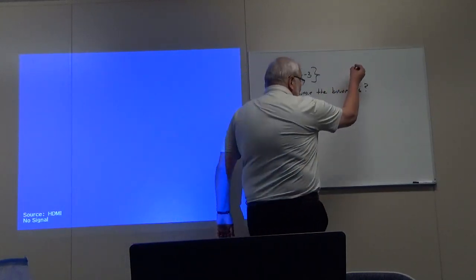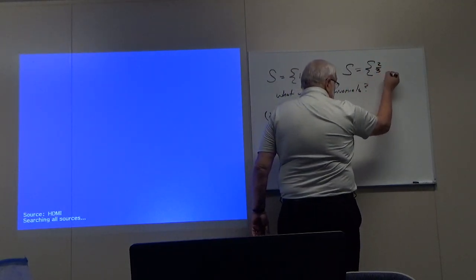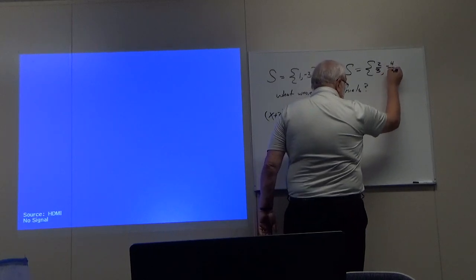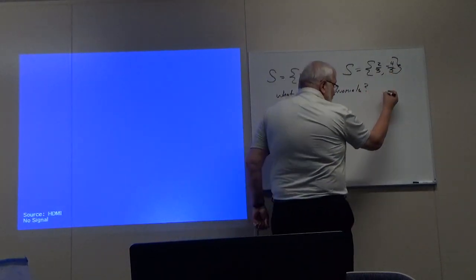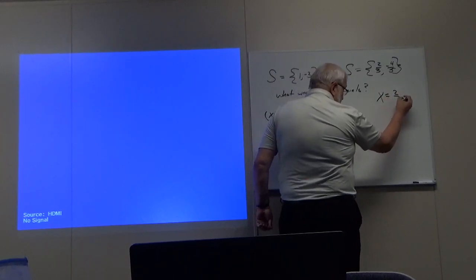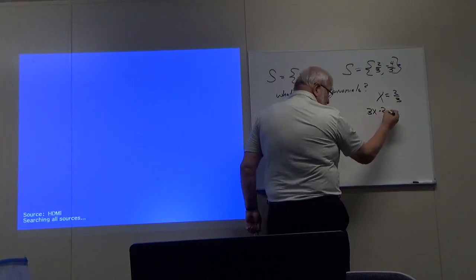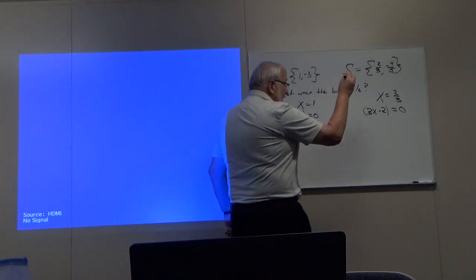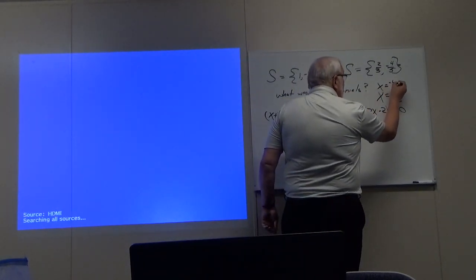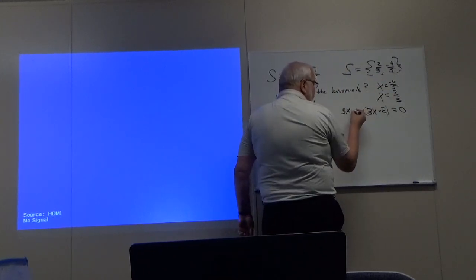Okay, so what happens if the solution set is 2/3 or -4/5? Now this one we may have to write. So x equals 2/3, multiplied by 3, subtract the 2, and then x equals -4 over 5, multiplied by 5, and get 5x, add 4.